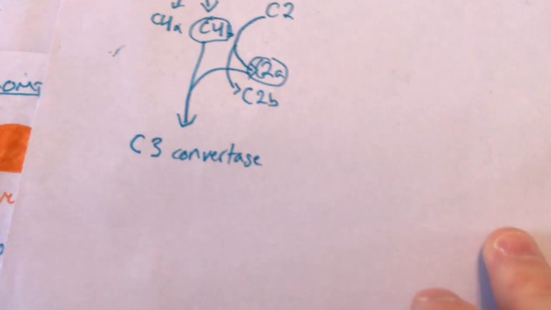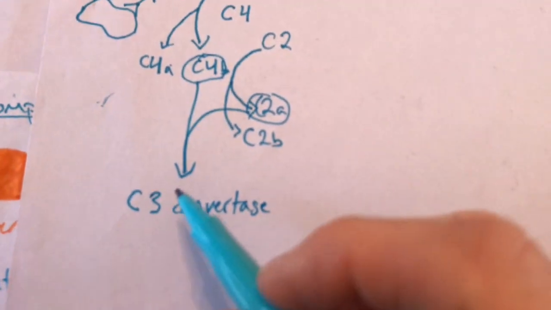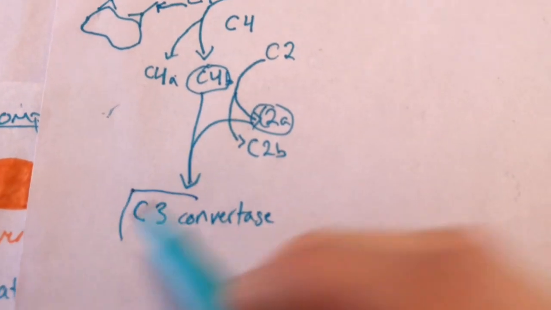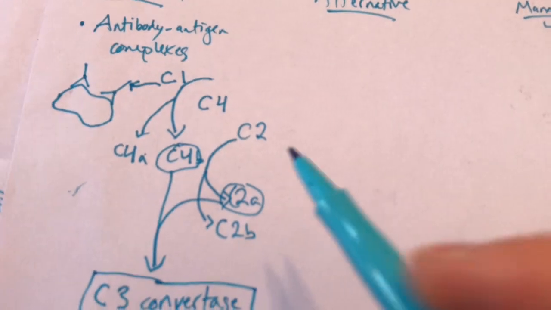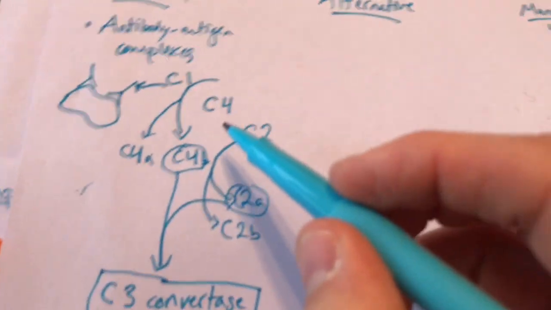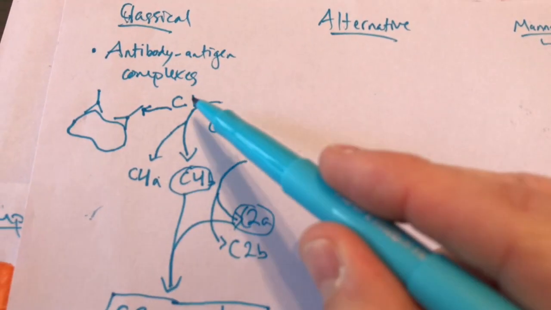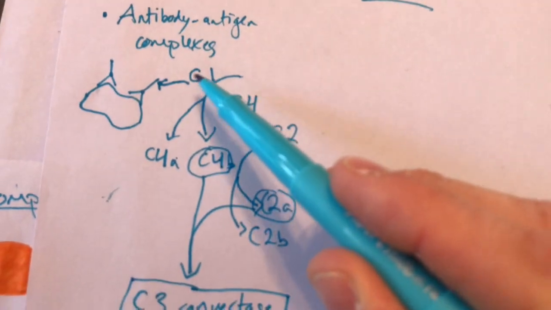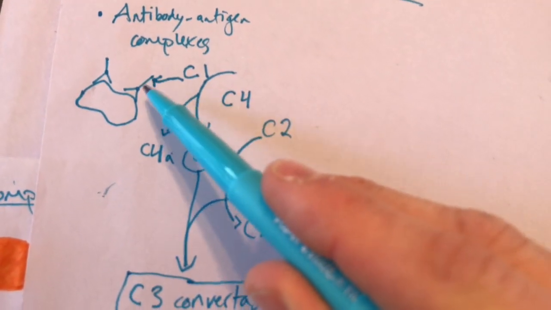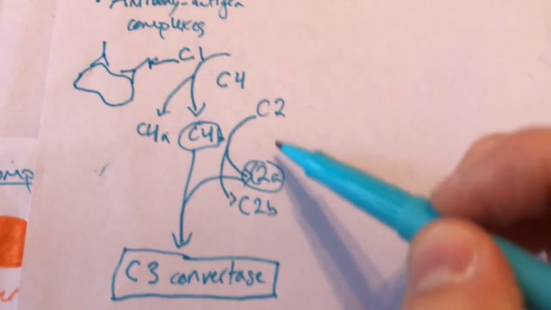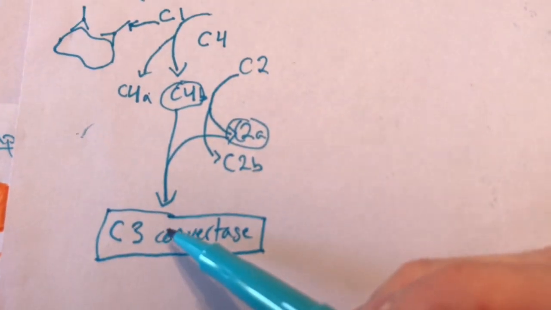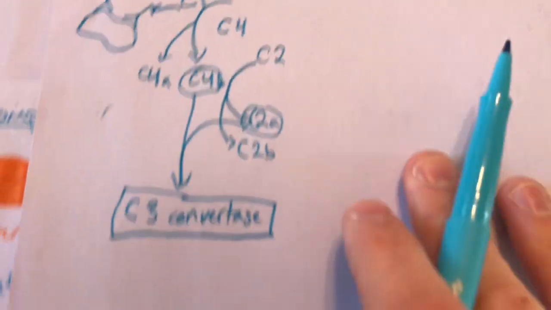Okay, so this enzyme is the combination of two previously inactive complement proteins. So it all started with C1, and then if C1 is active by binding the antibody, it will cleave C4, which cleaves C2, and those subunits combine to create a new enzyme.